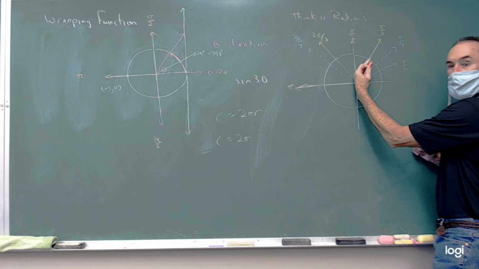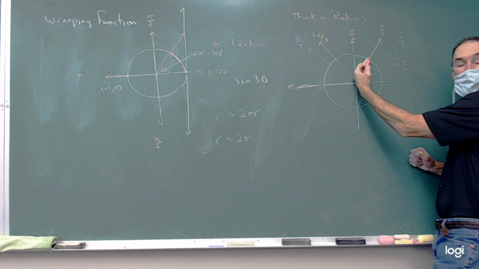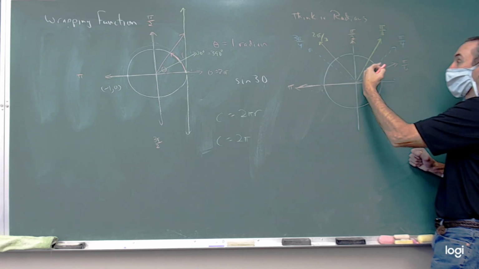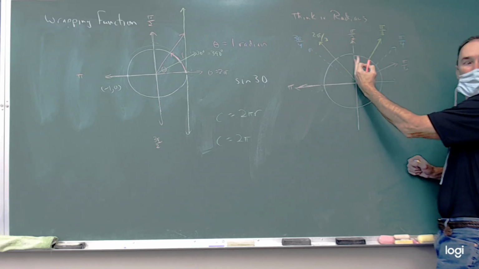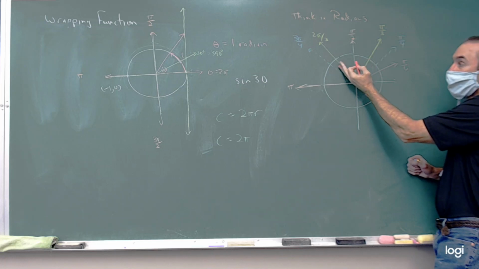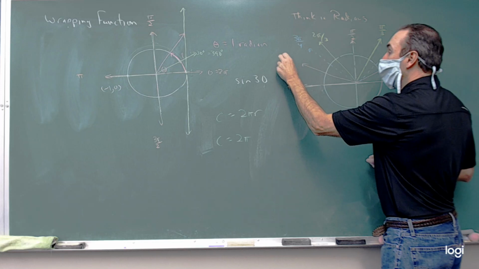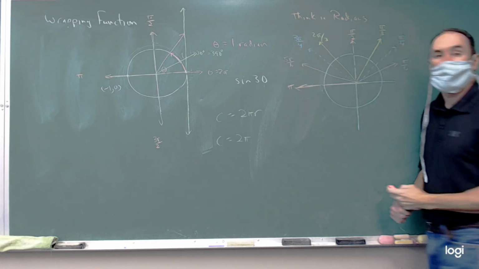The 2/6 reduces to pi over 3, to 1/3. That's that yellow one, that's our pi over 3. So there's 1/6, 2/6, 3/6 is pi over 2, 4/6 is 2/3. Over here in quadrant 2, we're going to get 5 pi over 6, or 5/6 pi.